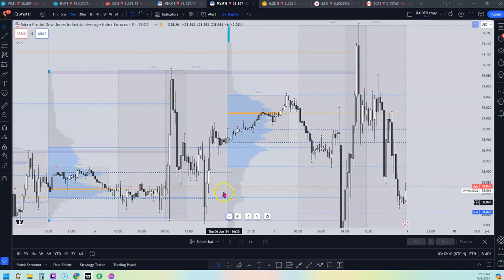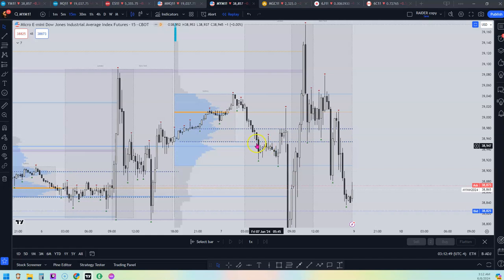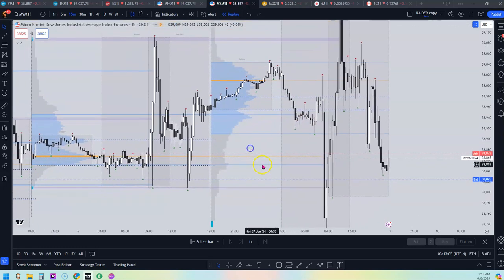So this is a prime example. This was yesterday's, previous day's high, and you can see price was reacting to that. Depending on how you trade, that's going to be dependent on your decision. The same thing goes for the previous session low right there.